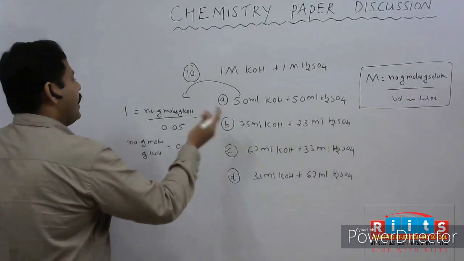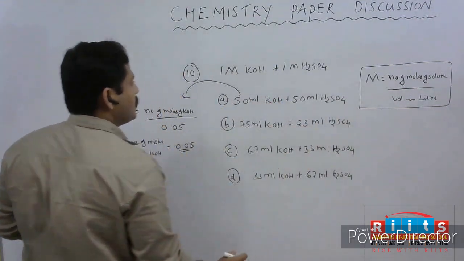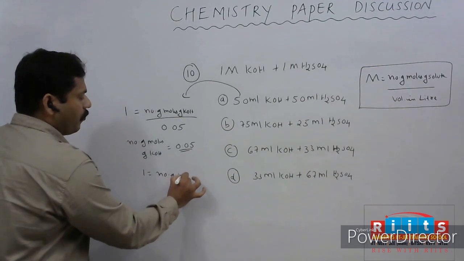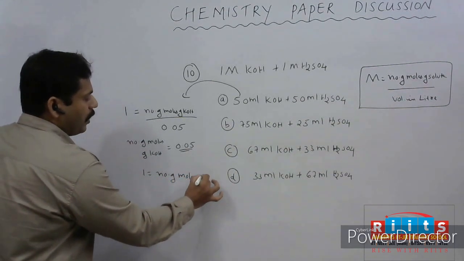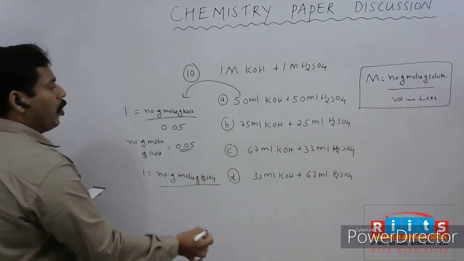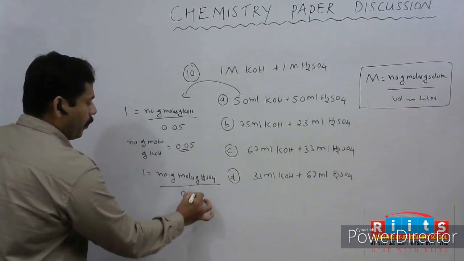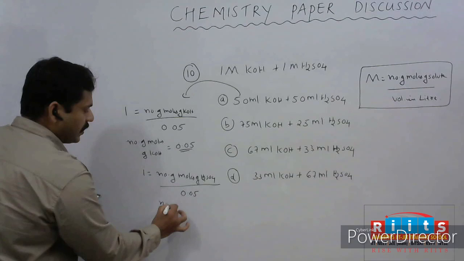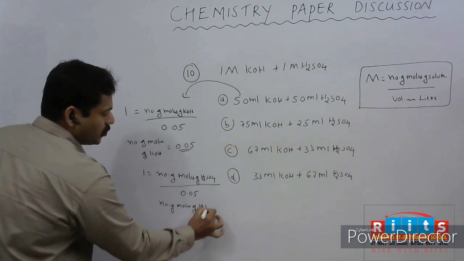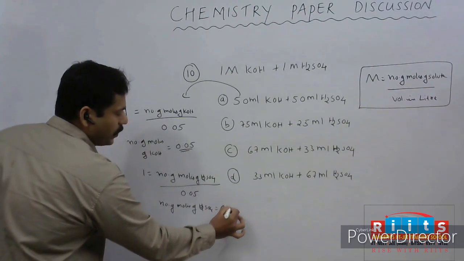Similarly, I can apply the same thing to H2SO4 also. So 1 is equal to the number of moles of H2SO4 divided by the volume in liters, that is 0.05. So I will get the same value, the number of moles of H2SO4 is equal to 0.05.